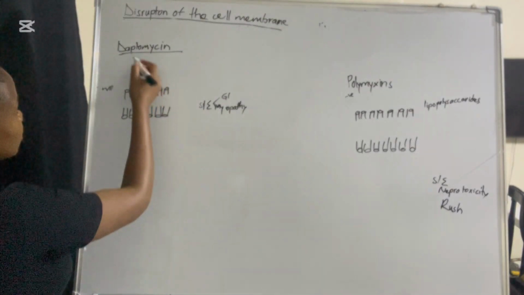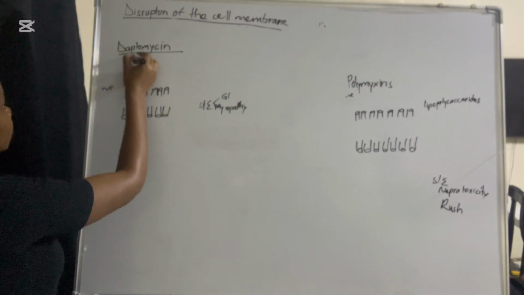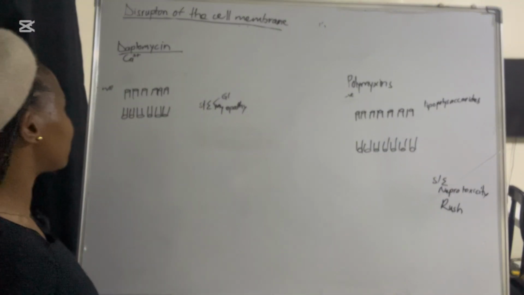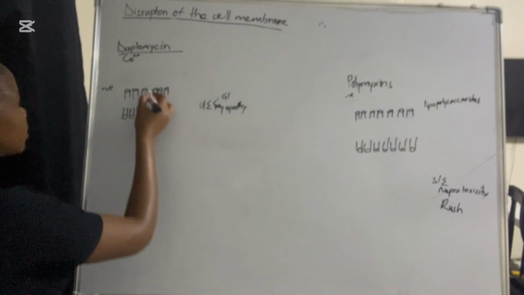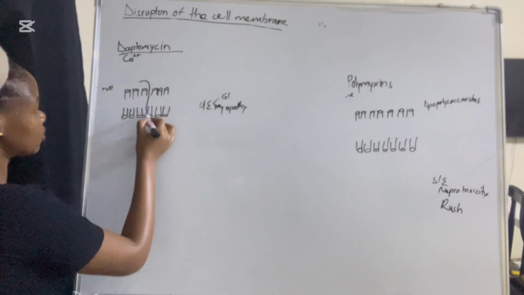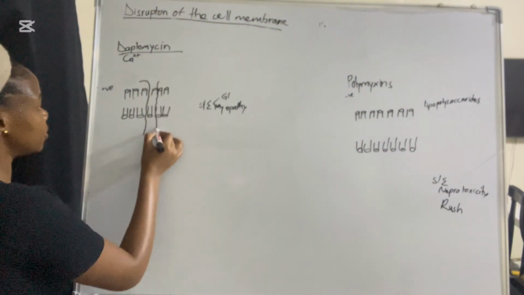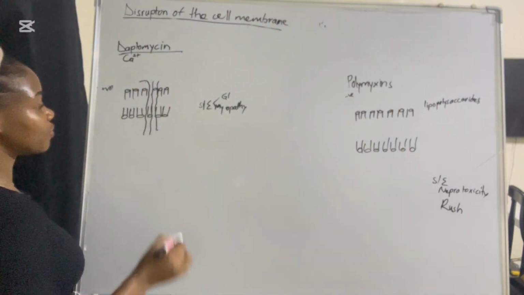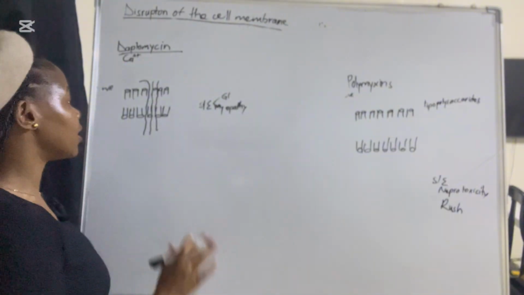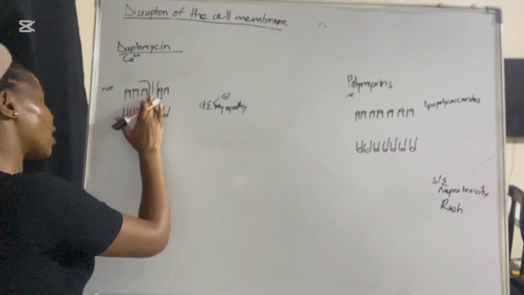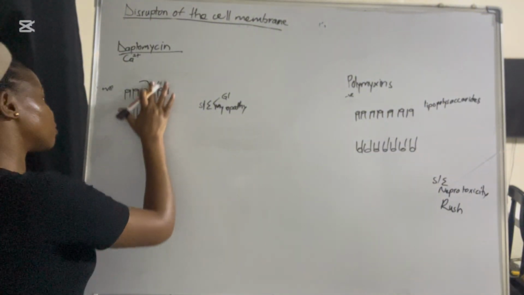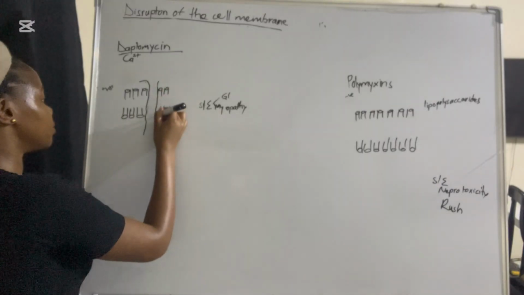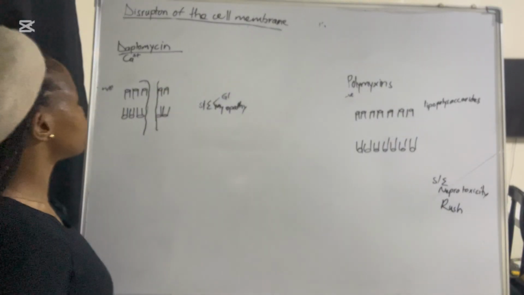This daptomycin, in the presence of calcium ions, fixes itself into the phospholipid layer. After fixing itself into the phospholipid layer, it creates a pore within the phospholipid layer.